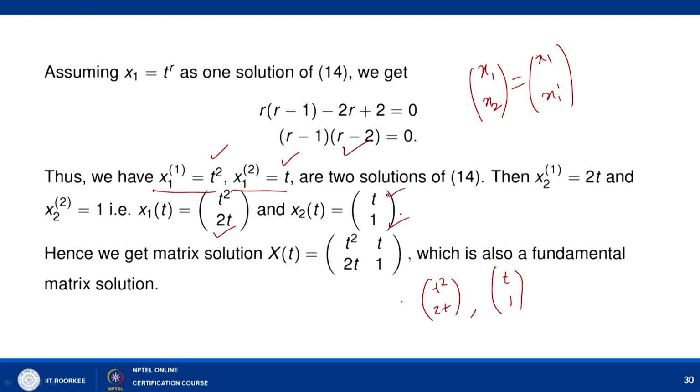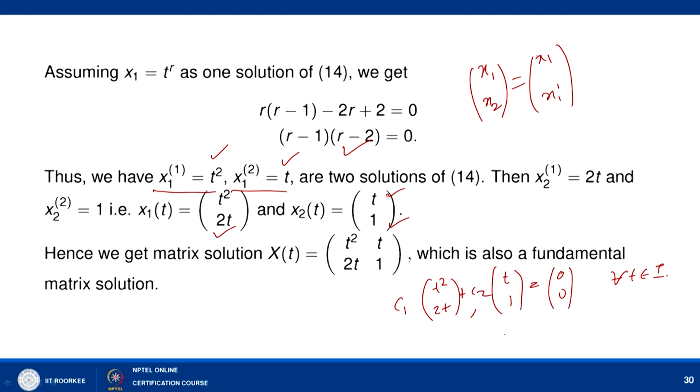And how we can check? You write C1 times the first plus C2 times the second equal to (0, 0), and this is true for all t in this interval I. So, in particular, take some value of t in this interval, and you can verify that C1 and C2 are zero. Or you can simply say that I cannot write (t square, 2t) as a constant multiple of (t, 1).